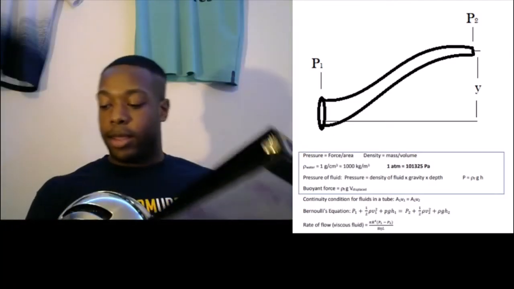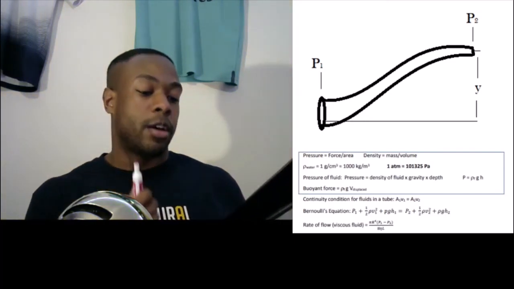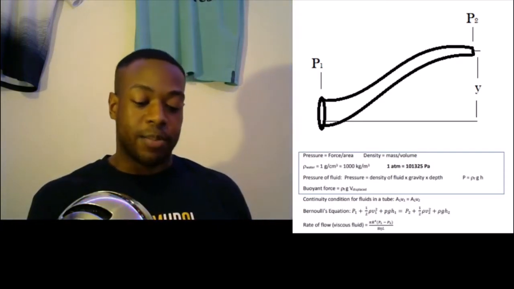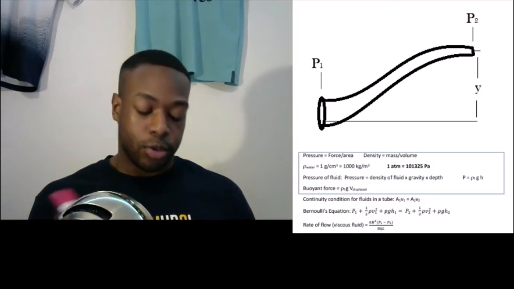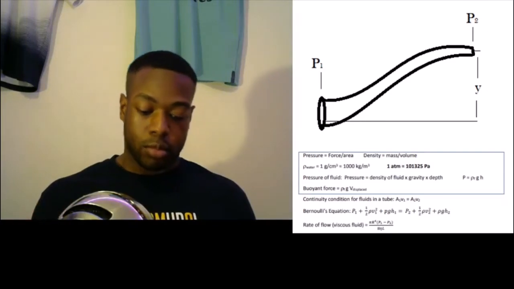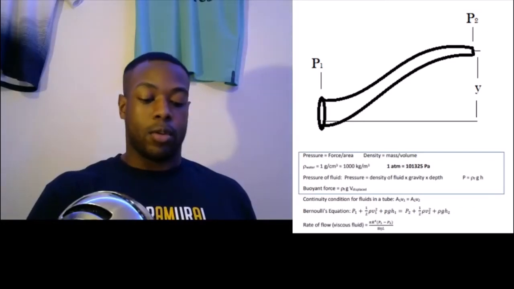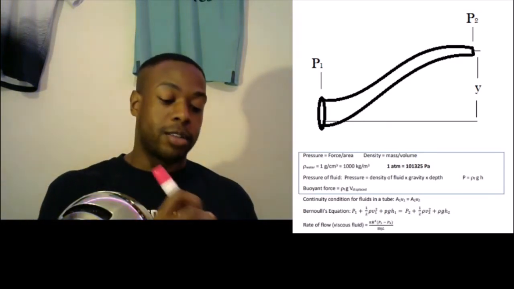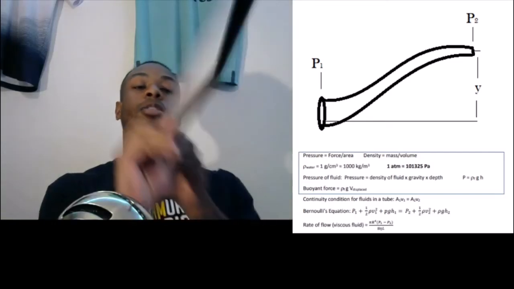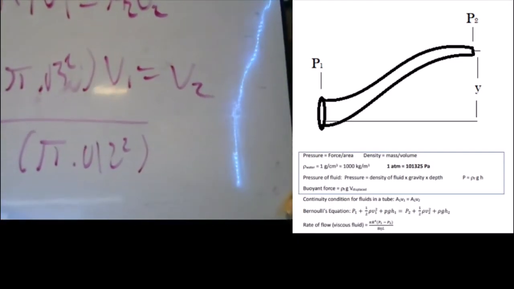So we can do a little math here. Let's say we want to find the low point first. So let's make this in terms of velocity 2. You divide both sides by pi times 0.012 squared, and we should get that velocity 2 should equal pi times 0.03 squared times velocity 1 over pi times 0.012 squared.